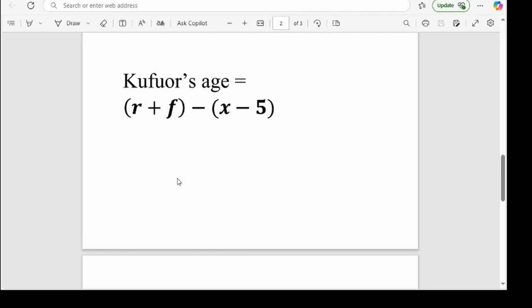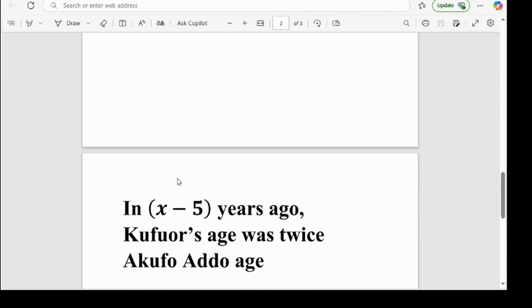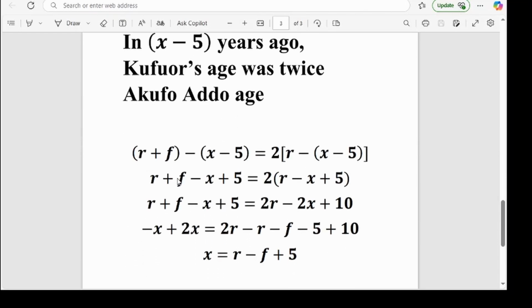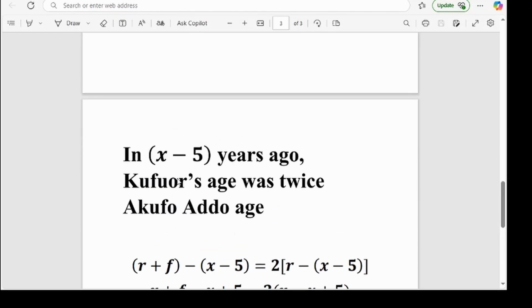So S minus 5 years ago, Kufuor's age was twice Akufo-Addo's age. So this "was" here represents an equal to sign. So whenever you see "was" or "is", it represents an equal to sign.